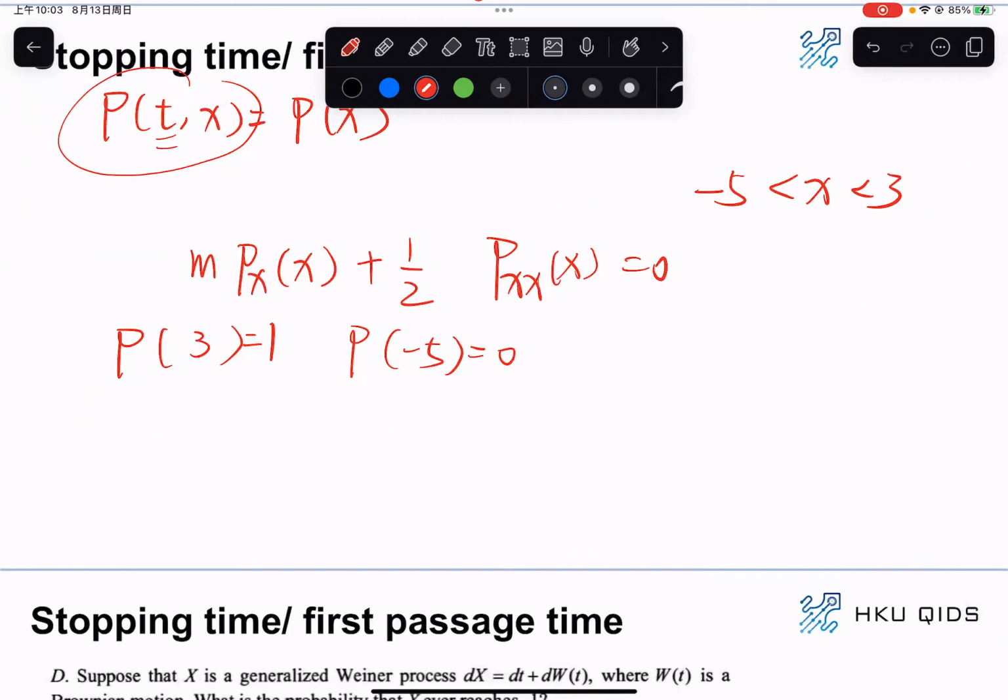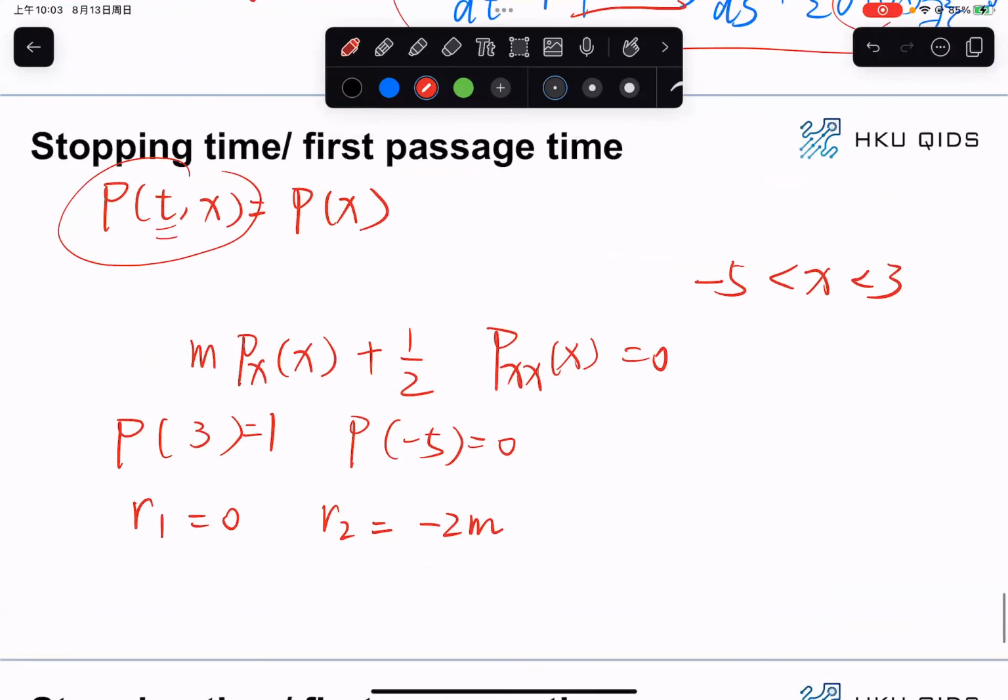And so this is just a homogeneous linear differential equation. I hope you still remember that. It has a root r1 equal to 0, and r2 is going to be -2m, because we can simply denote this as 1/2 r squared plus m r equal to 0.